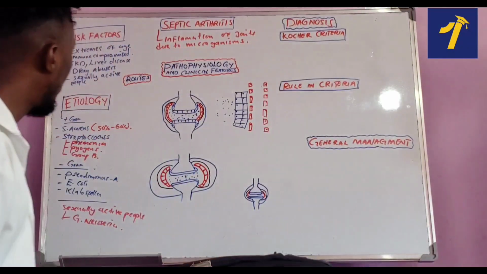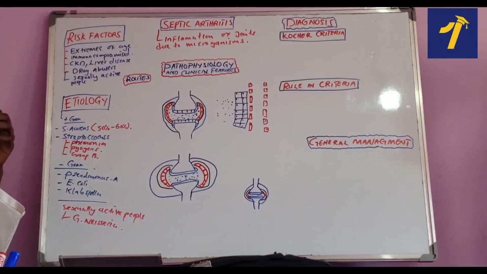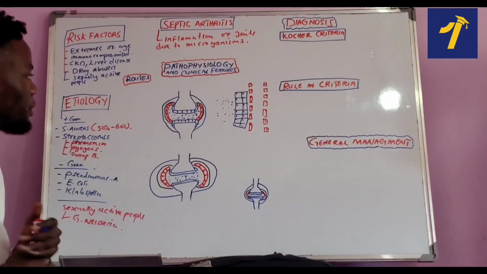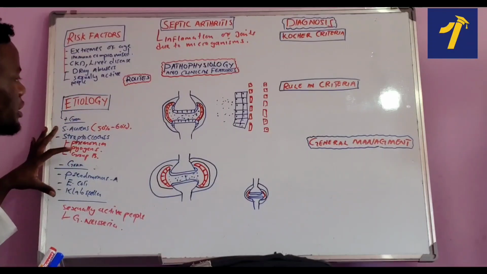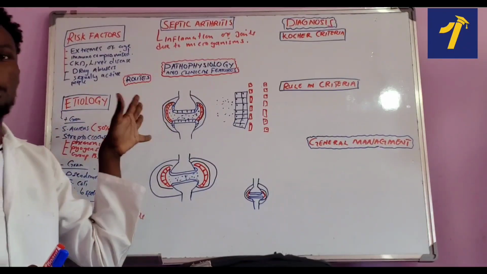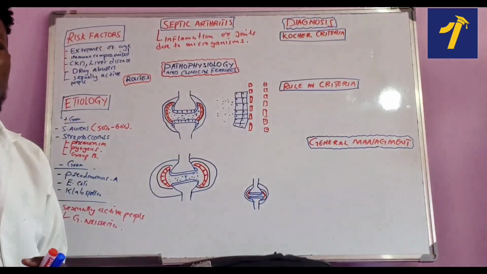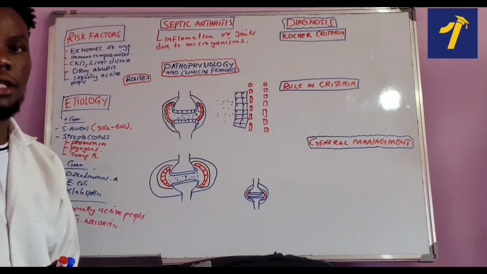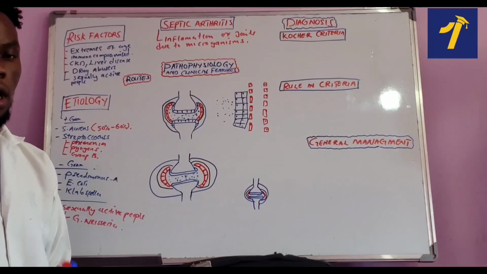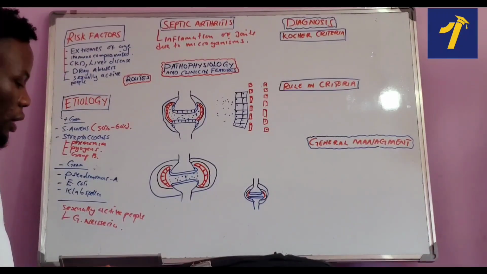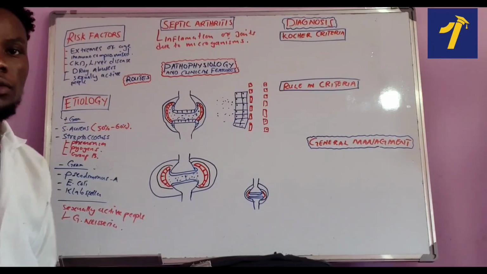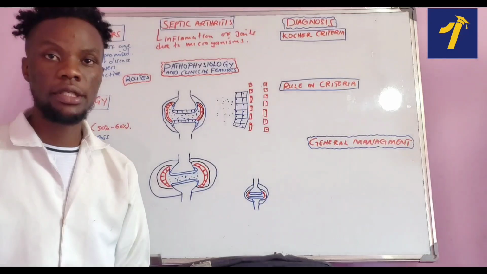Okay, so now let's start simply. We start with how these microorganisms find themselves in a joint, causing this inflammatory cascade. How do they find themselves in that joint? So we are going to talk about the routes by which those bacteria reach the joint.